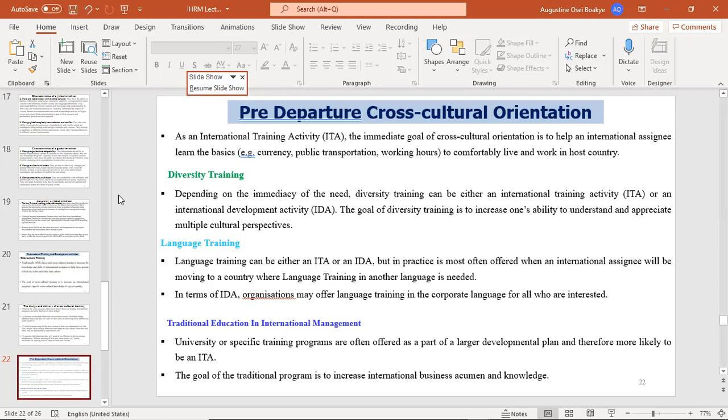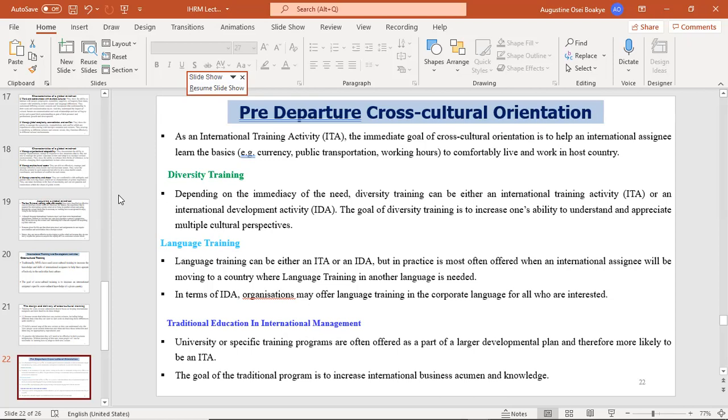Is it Monday to Saturday, or is it Monday to Sunday, is it 9 to 12, or is it 9 to 5, or is it 8 to 4, and so forth. So by having these basics at your fingertips, you will be in a good position to comfortably live and work in the host country.